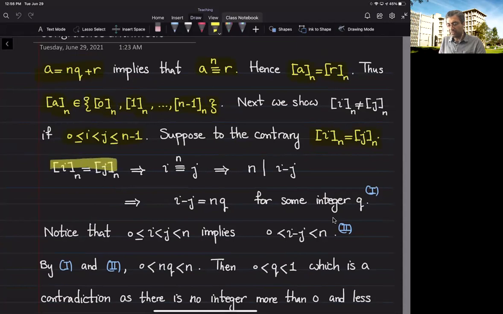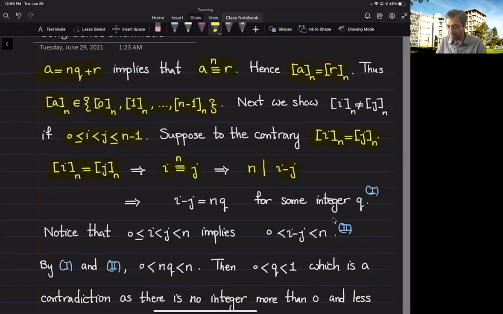We have proved that the mod n residue class of i is equal to the mod n residue class of j precisely when i is congruent to j modulo n. That means that happens precisely when i minus j is a multiple of n, and n divides i minus j. But notice, j is a number here.